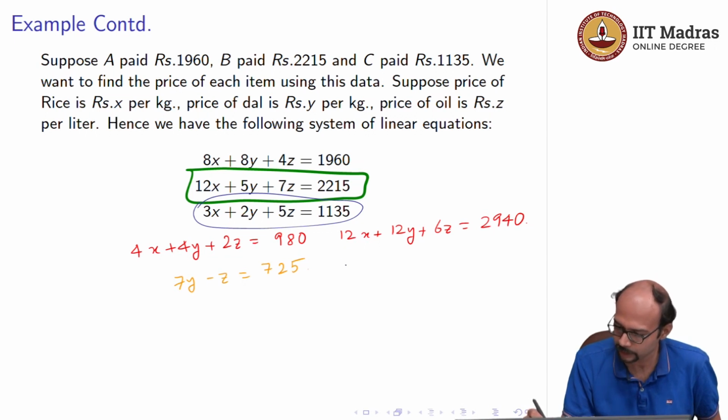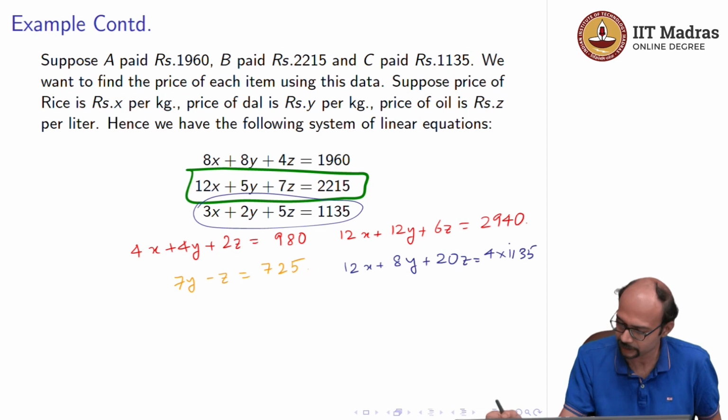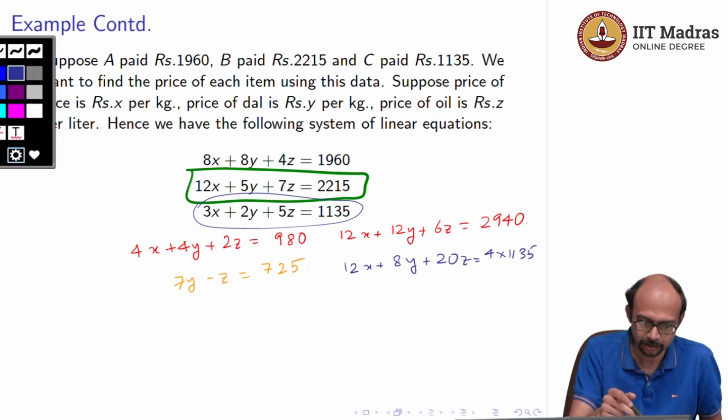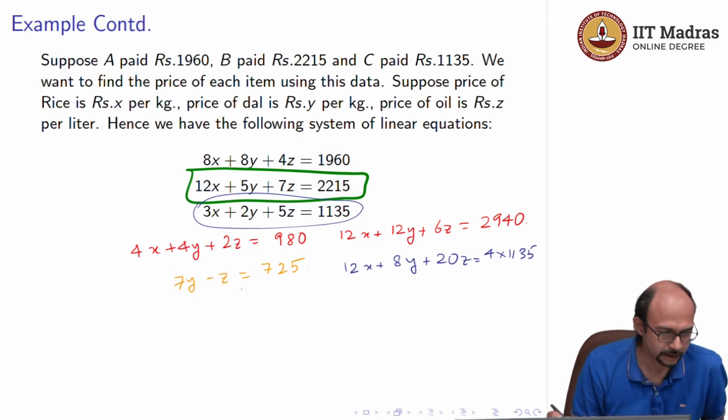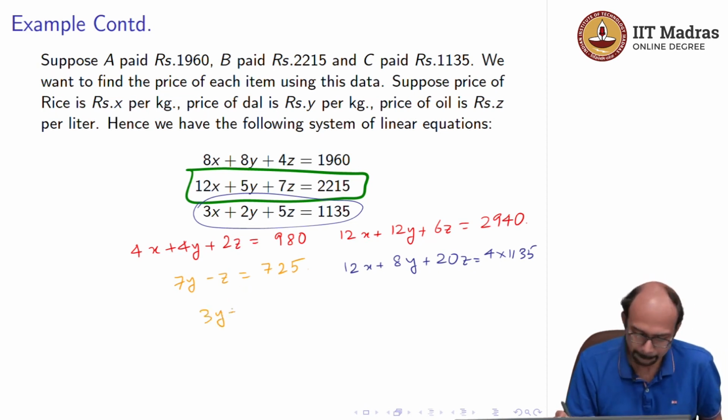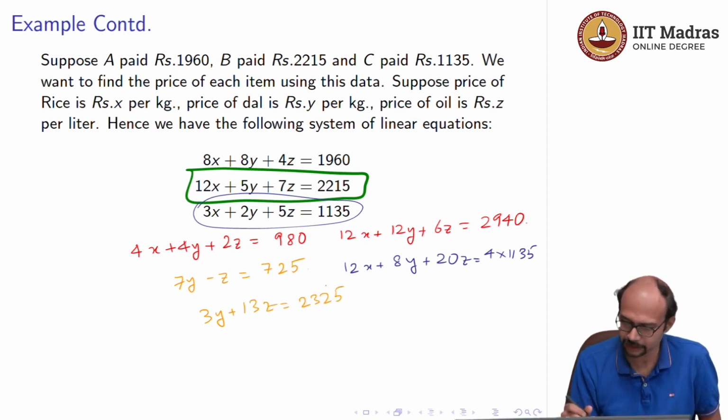So multiplying the third equation by 4, we will get 12x plus 8y plus 20z is 4 times 1135, and then we'll subtract out the second equation from this. So what we get is another equation in terms of y and z, which is 3y plus 13z is 2325. Okay, so I'll encourage you to do this.